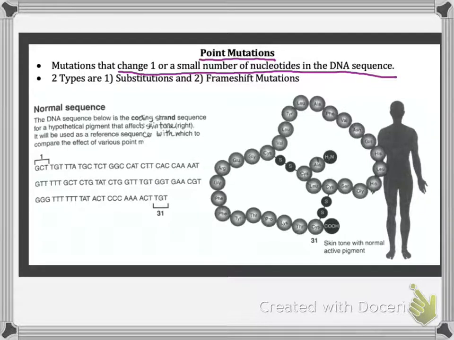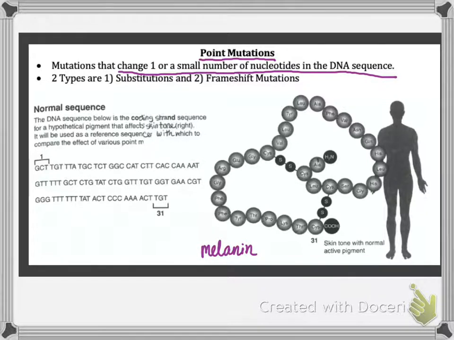So this is our normal sequence we're going to be using as an example. You can see it has 31 codons, which means it's going to have 31 amino acids. And what this protein is coding for is going to be part of melanin, which is our protein that causes skin coloration.